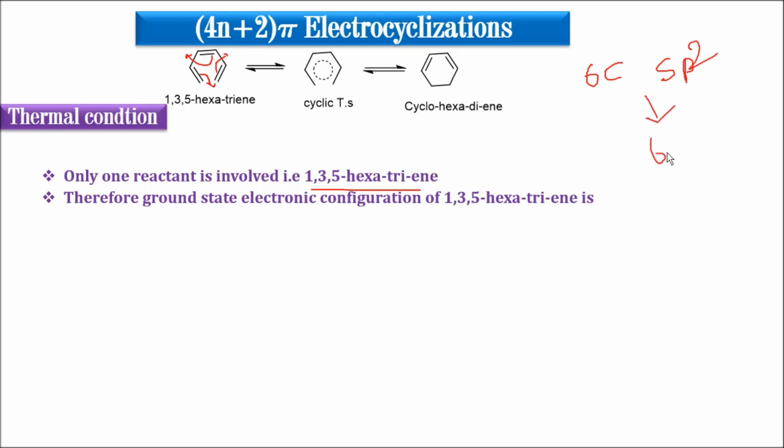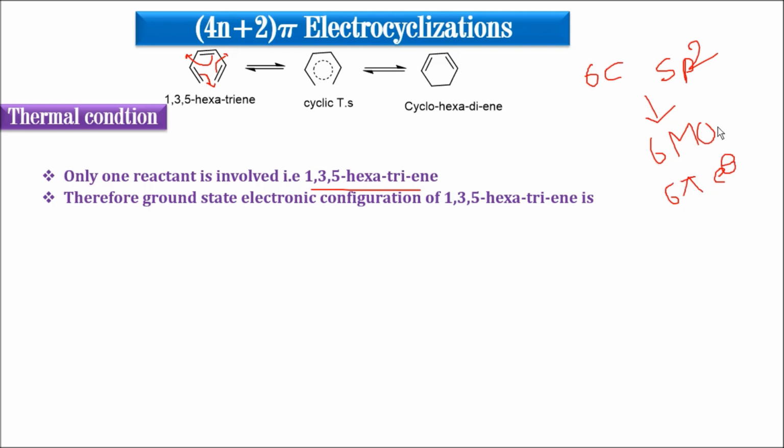Therefore 1,3,5-hexatriene has 6 molecular orbitals. In 1,3,5-hexatriene 3 pi bonds are present, 3 times 2 is 6, so it has 6 pi electrons: 6 molecular orbitals and 6 pi electrons.